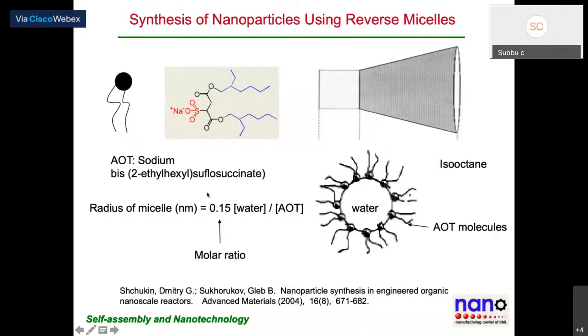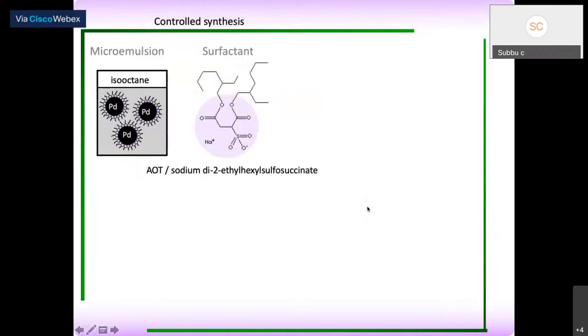That means when you control this mole ratio, you can control the micelle core. When you add water, it only goes here, it doesn't go anywhere else. So hydrophilic interactions are what is going to form.